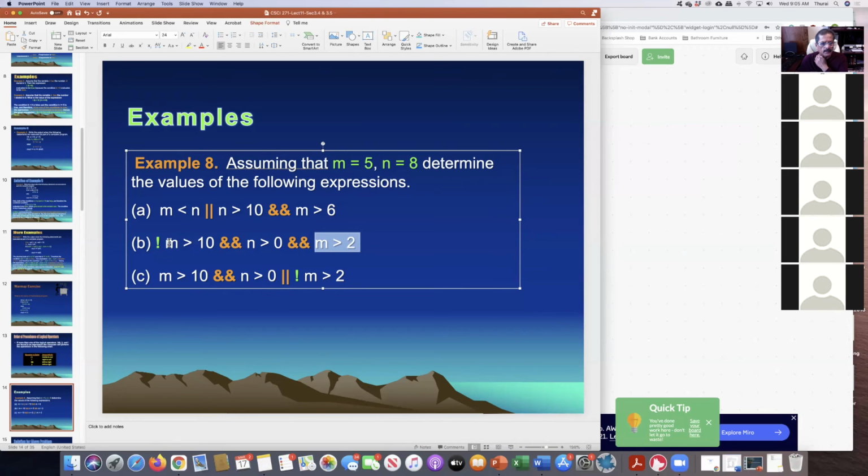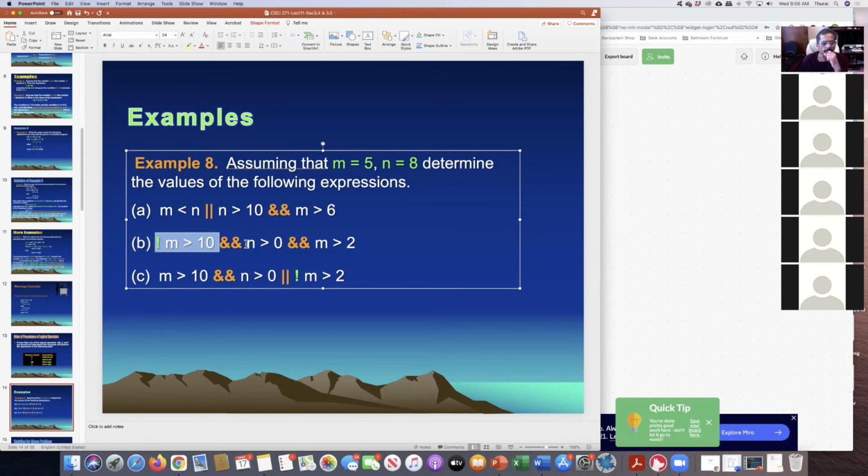Okay, so next thing is to think about which operator will be carried out first. The NOT operator is first. So even though m greater than 10 is false, not m greater than 10 is true. The NOT will be combined to that because NOT is operated first before the other operators. So therefore, this will be true.